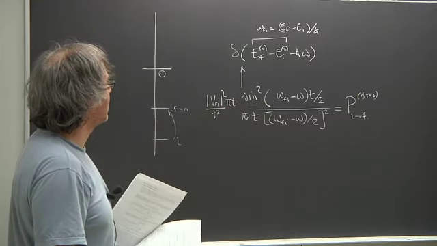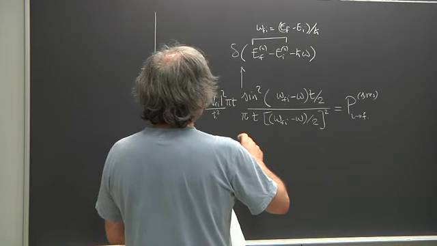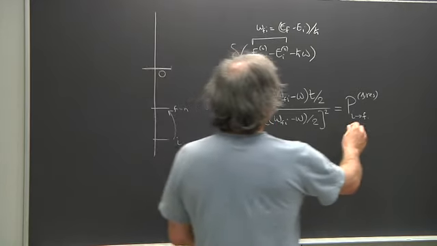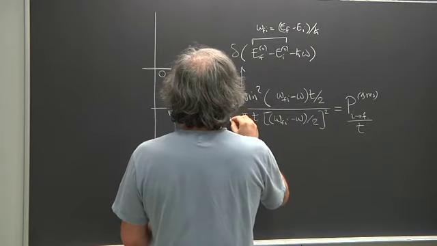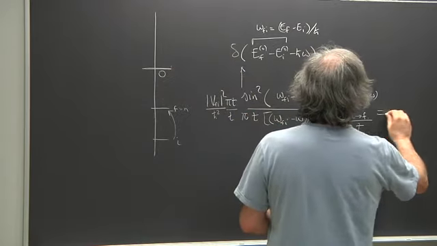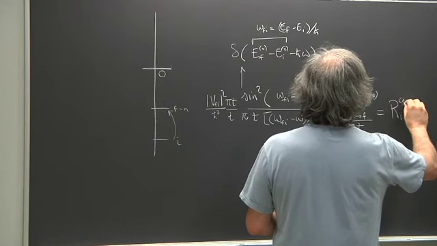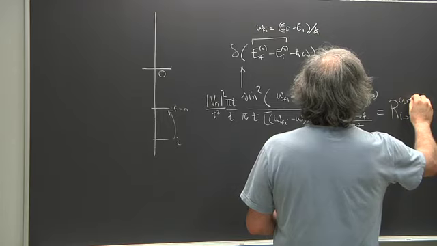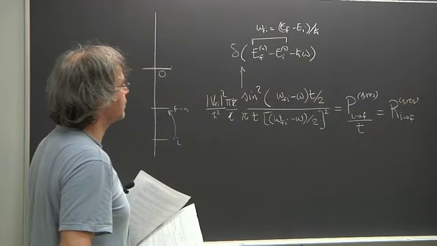In the end, what is important, well, this is the probability. Then the rate we discussed is the probability per unit time. So you divide by t. So you divide all these things by t, and you get the rate for going from i to f in first order. Okay? And so this disappears.